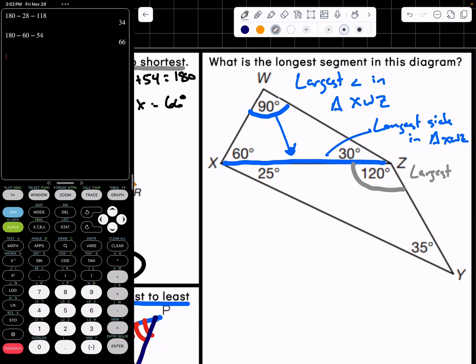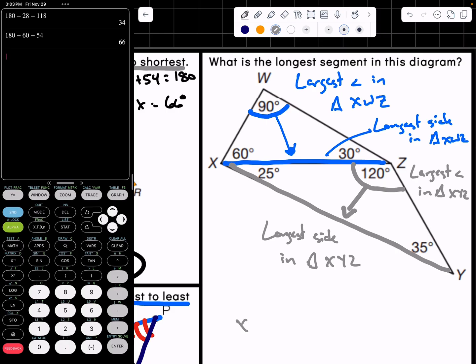Largest angle in triangle XYZ, which means that its longest side is going to be down here. And because XY is bigger than XZ in triangle XYZ, I know that my longest segment is going to be XY.